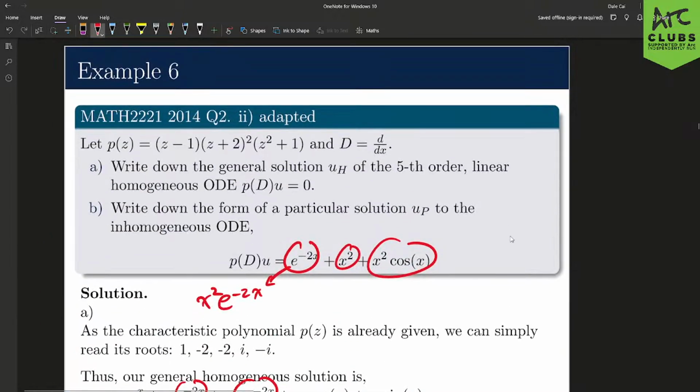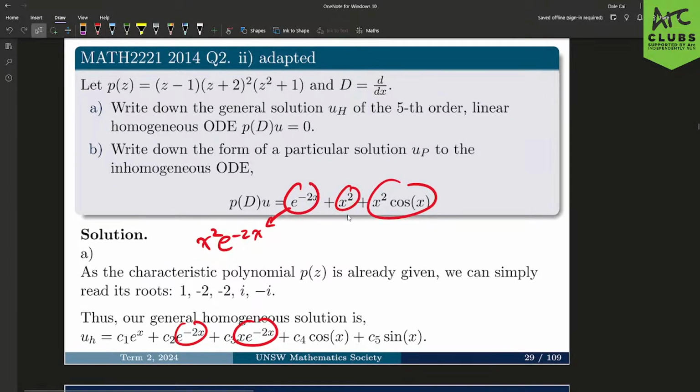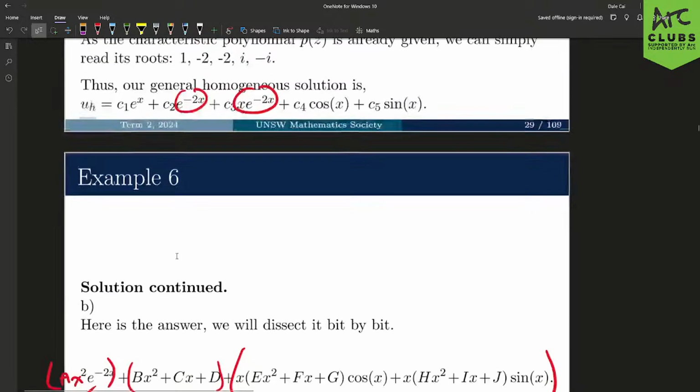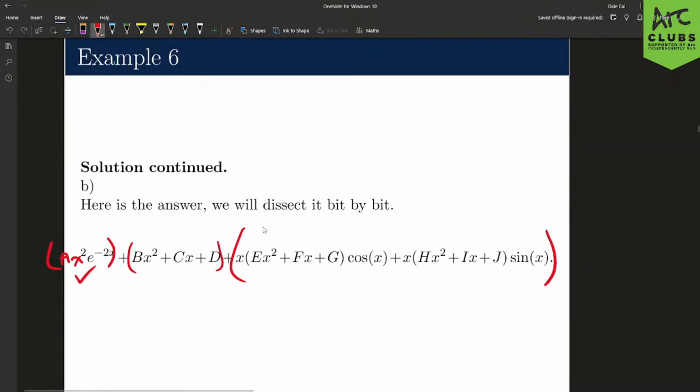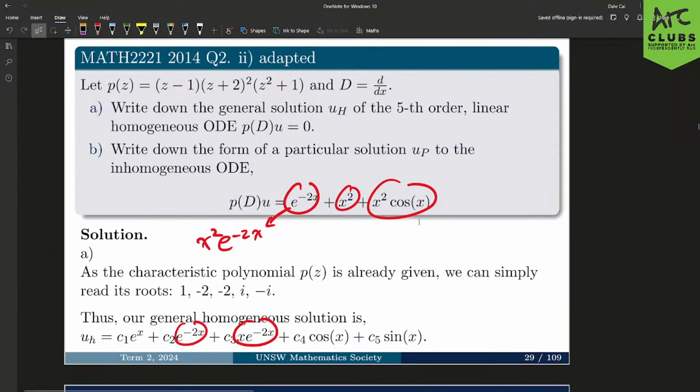The second term is a degree 2 polynomial, which means we guess another degree 2 polynomial, which is this part. And then for the cos x, this part's really annoying, and I don't think we mentioned this, but if we have a polynomial times a trig function, let's say q of x times cos x, I should again use a different letter here, not p.